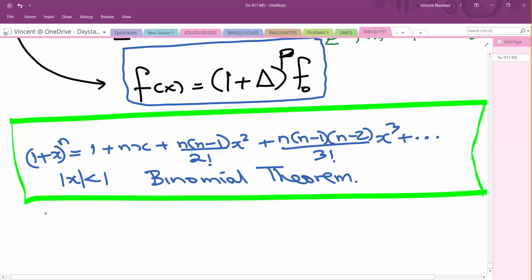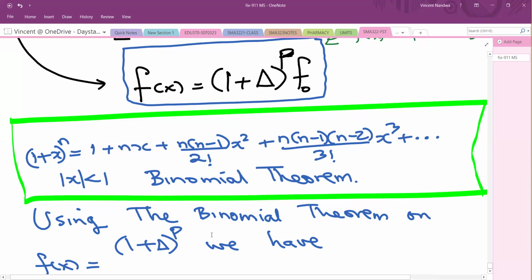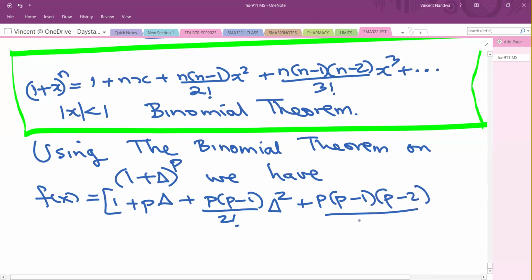Using the binomial theorem on (1 plus forward) power p, f of x will be given by 1 plus p forward plus p into p minus 1 over 2 factorial second forward plus p into p minus 1 into p minus 2 over 3 factorial third forward plus other several terms, and then I have f naught outside.